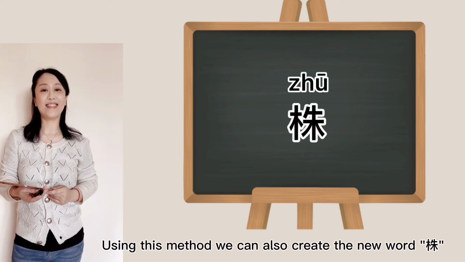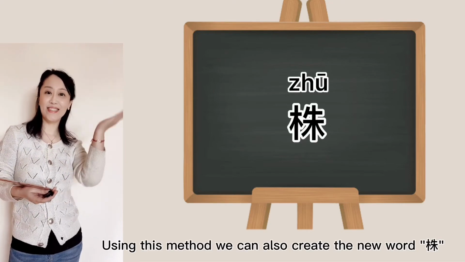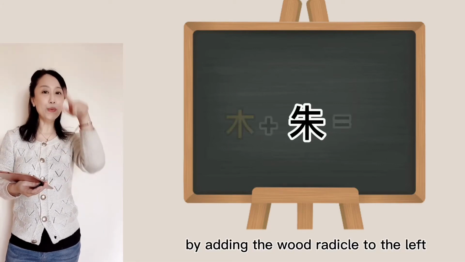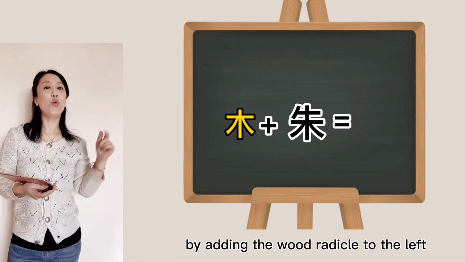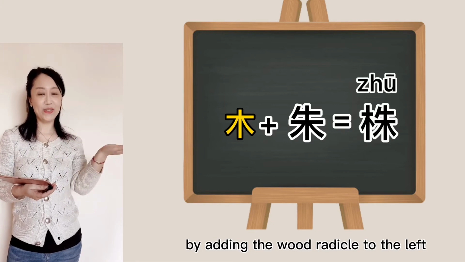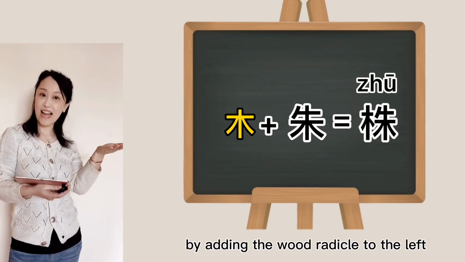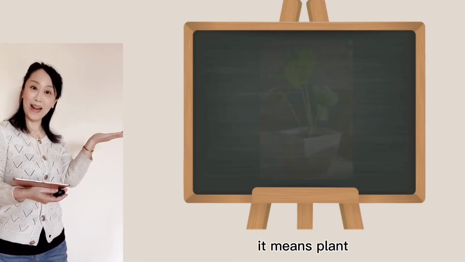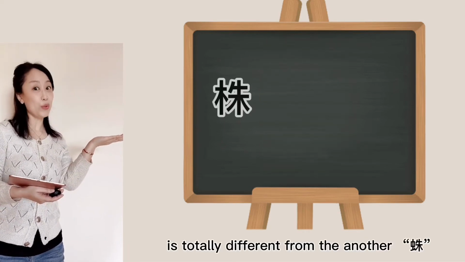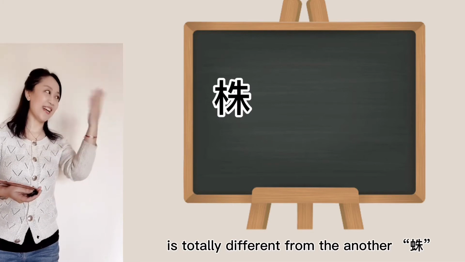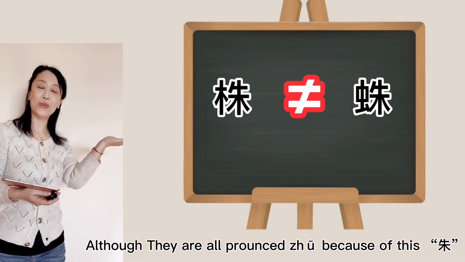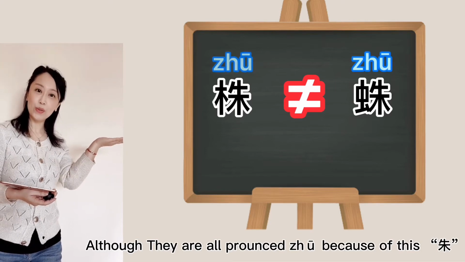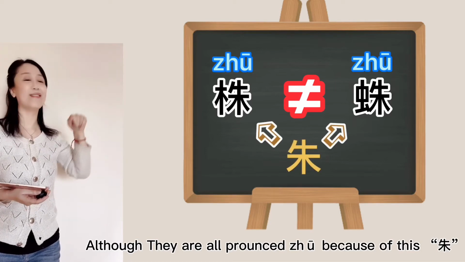Using this method, we can also create a new word by adding the mu, wood radical, to the left. See, this character meaning plant is totally different from the other one, although they are all pronounced the same because of the phonetic component.